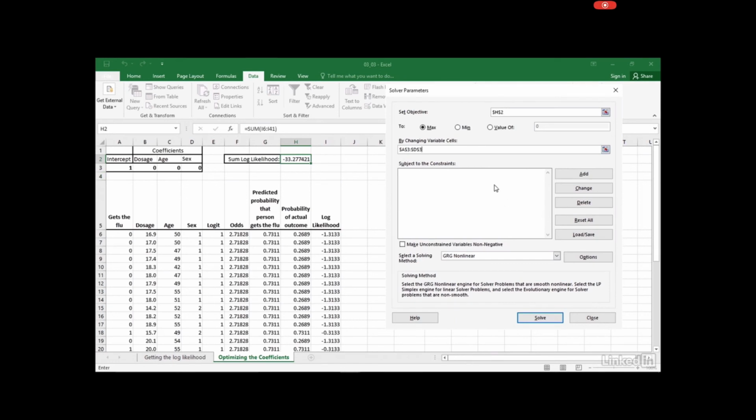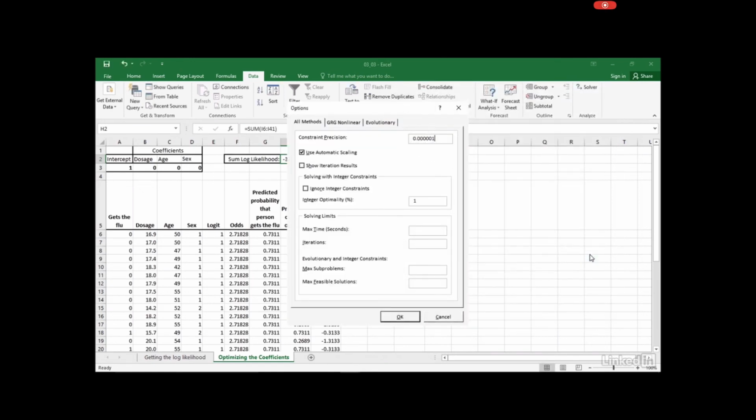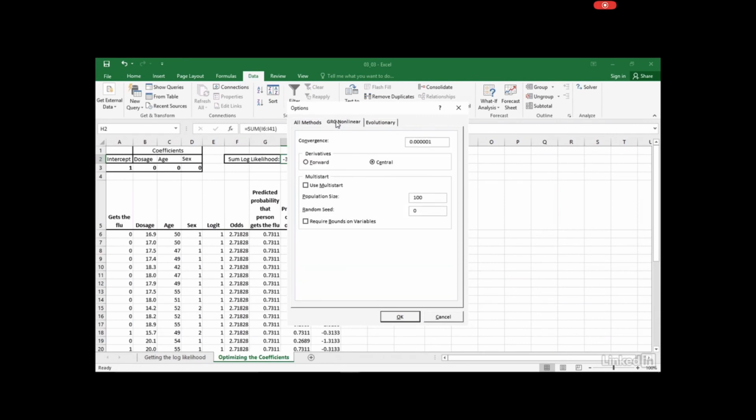We're not going to constrain any of those cells, although we could do so if necessary using the Subject to the Constraints area here, but we're just going to leave that alone. The Make Unconstrained Variables Non-Negative checkbox, we'll leave that unselected. You'll want to choose the GRG Nonlinear method of solution. And once you've got that selected, please click the Options button and choose the GRG Nonlinear tab.